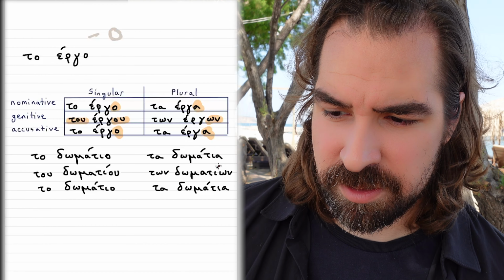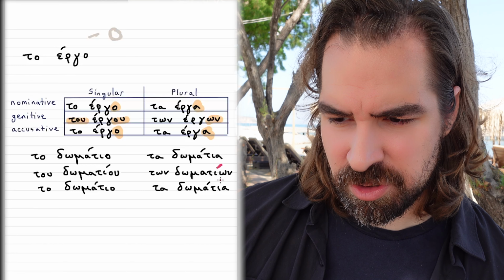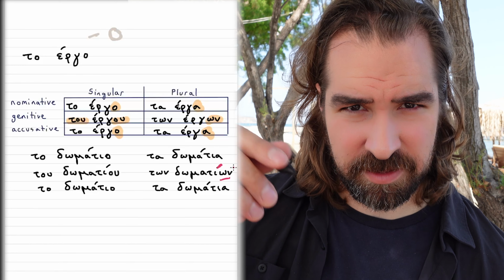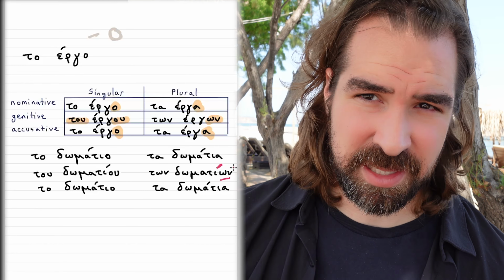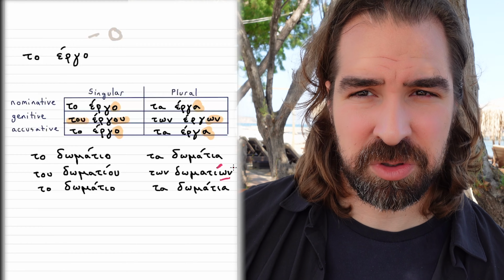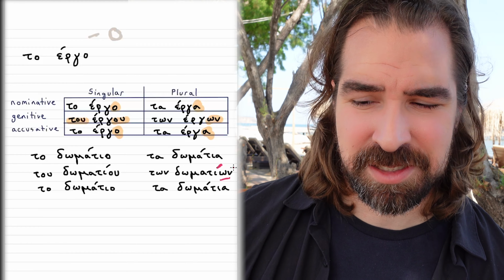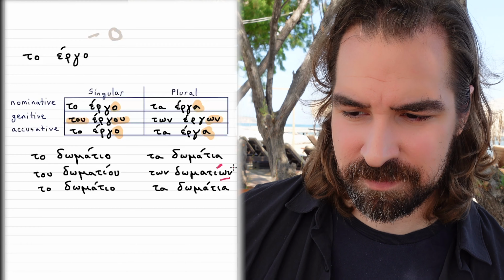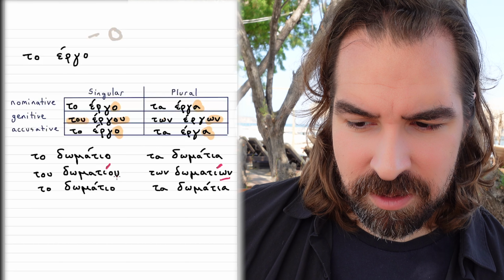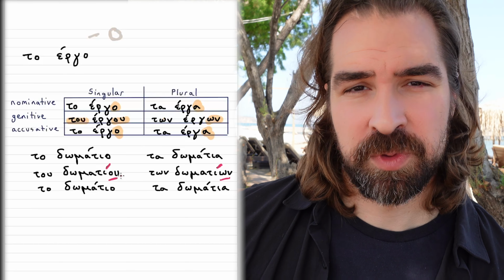We have a shift back, almost as if this -on, the heavy omega, pulls back the accent. From το δωμάτιο becomes των δωματίων. Now look at this word. Anything else happen with the accent other than the genitive plural? Well, look, the genitive singular actually does the same thing here because of the -ou.